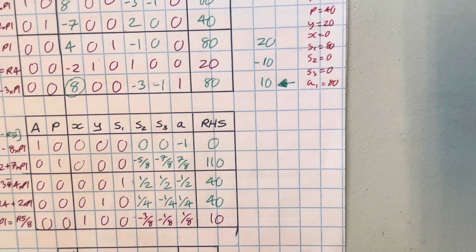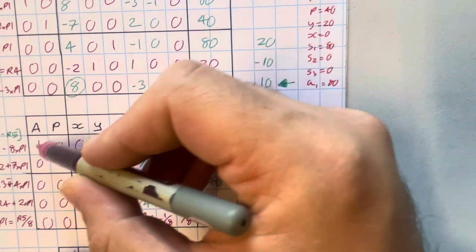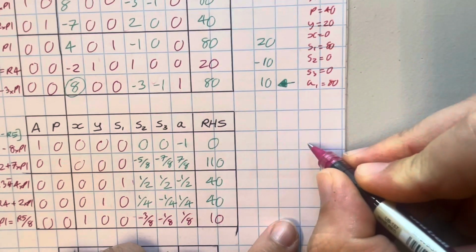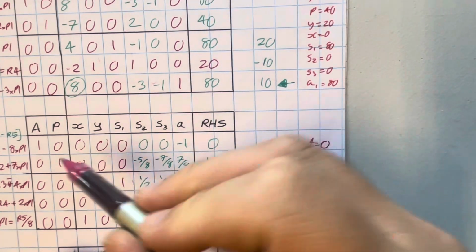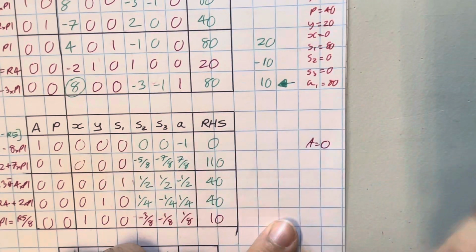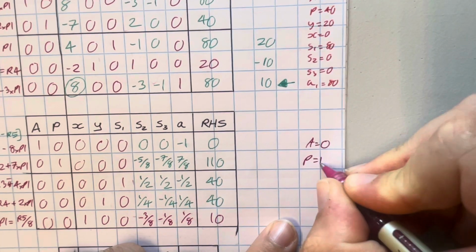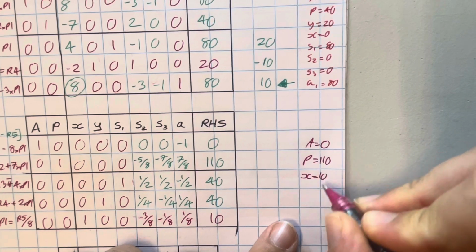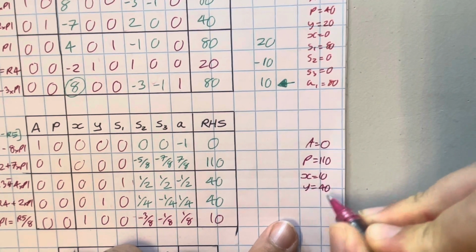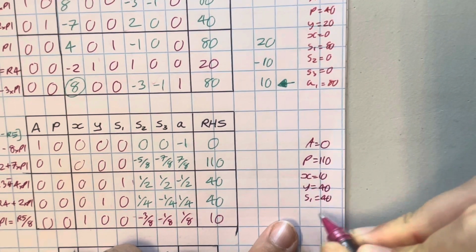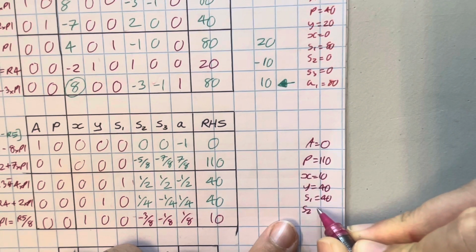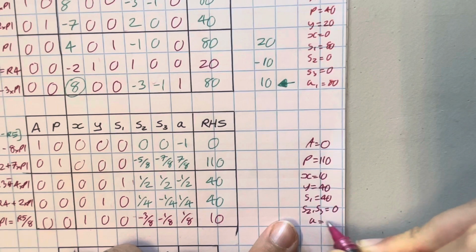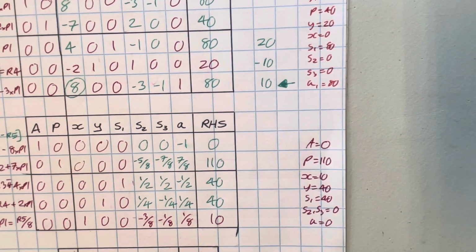And the first objective has now been met, because we can extract that capital A equals 0. Capital P is 110. X is 10. Y is 40, S1 is 40, S2 and S3 are both 0, and most importantly, A is 0.